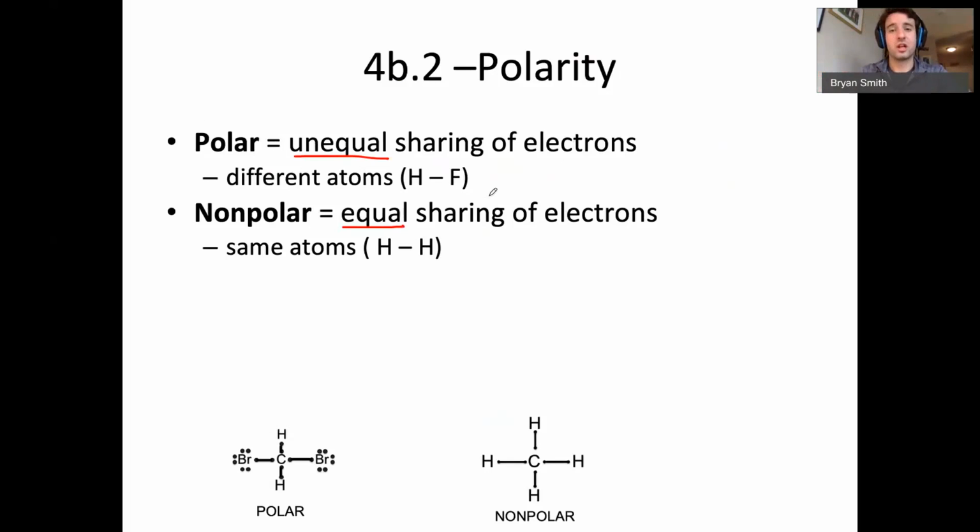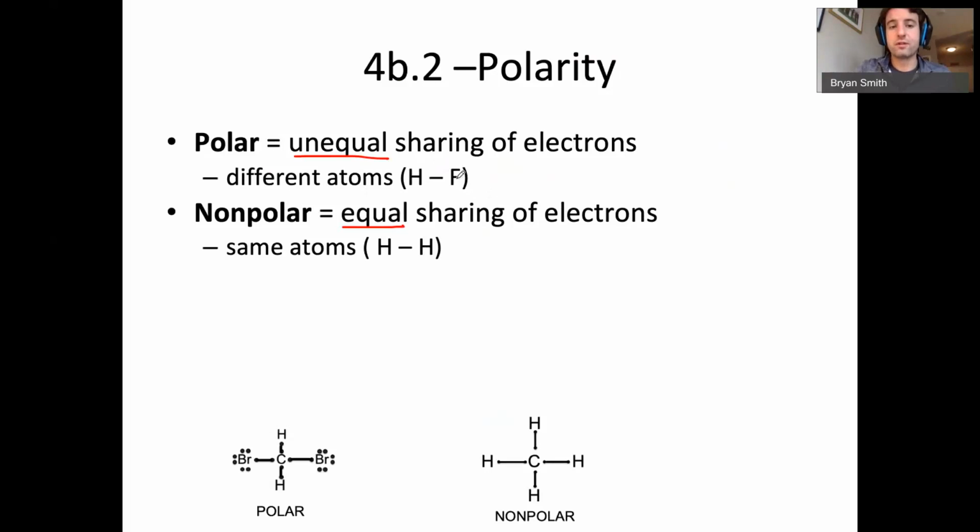For the purposes of our class here, guys, here's what we're going to do. We're going to say that if they're different atoms, like if you have an H bonded to an F, a hydrogen bonded to a fluorine, that's polar. There's unequal sharing of those electrons there because the two atoms are different. Nonpolar, on the other hand, is if you have a hydrogen bonded to another hydrogen, that's nonpolar.